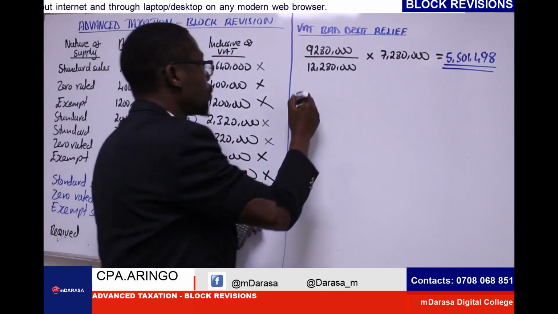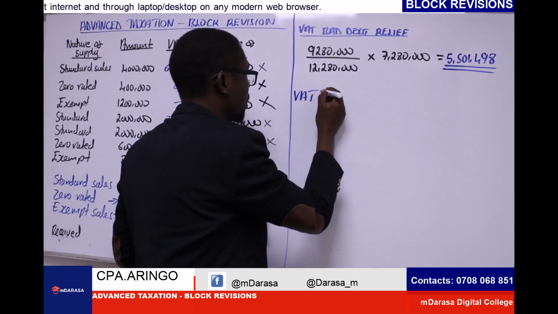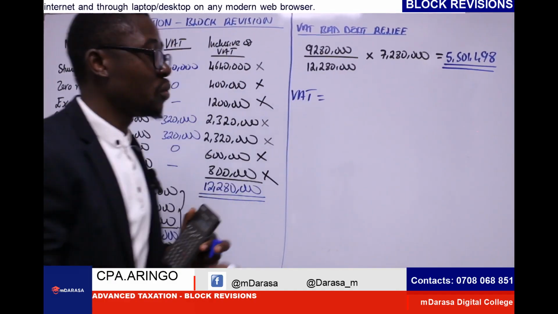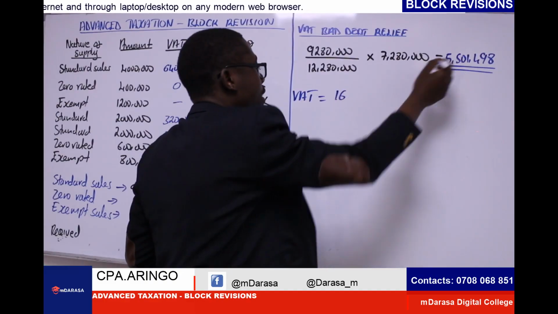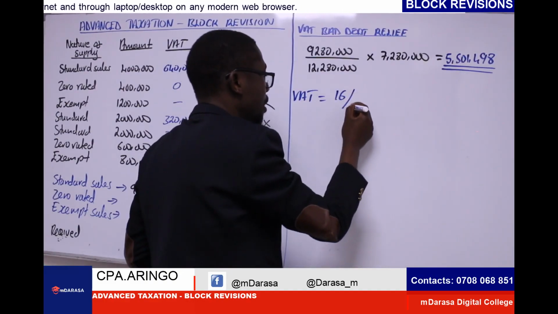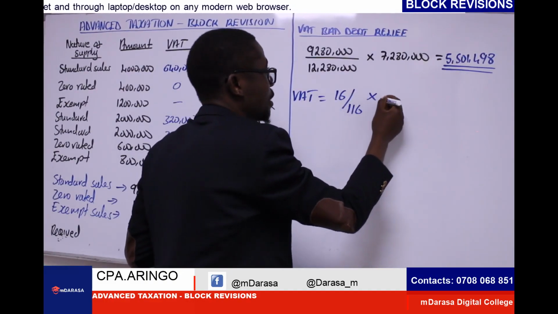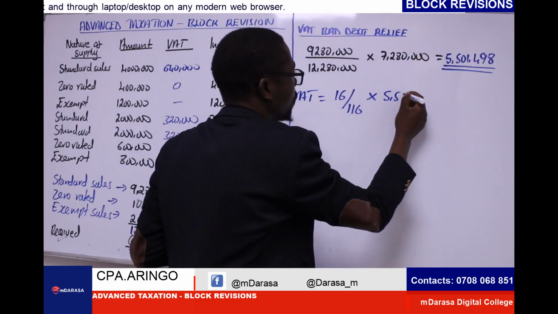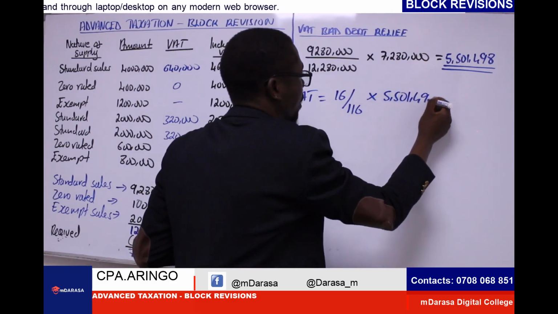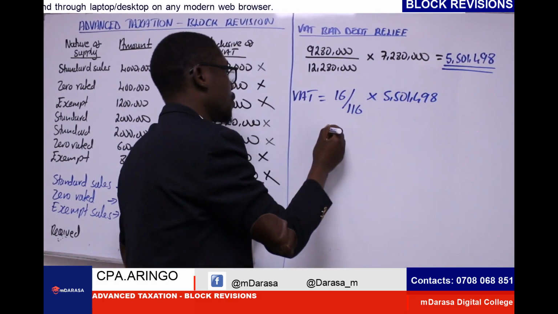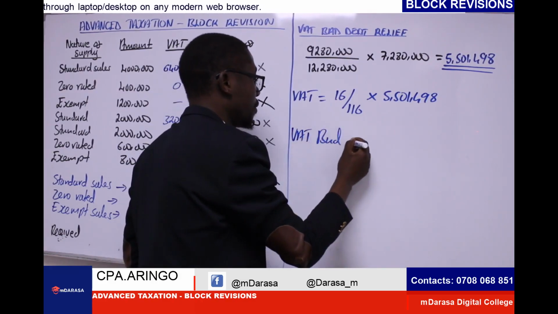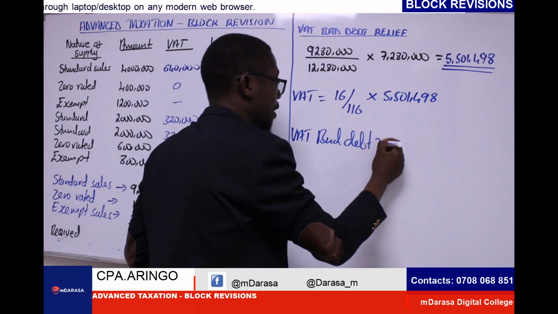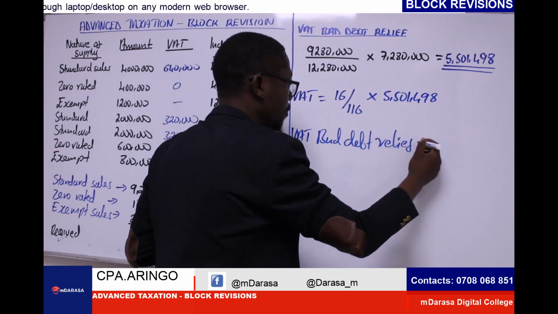Then, what was the VAT on the value? Because this is inclusive of VAT, I'll be having 16 of 116 times 5,501,498,000. So we can agree that therefore my VAT bad debt relief, the one that I can claim as a relief, will be how much?